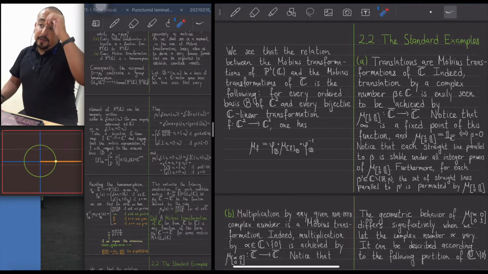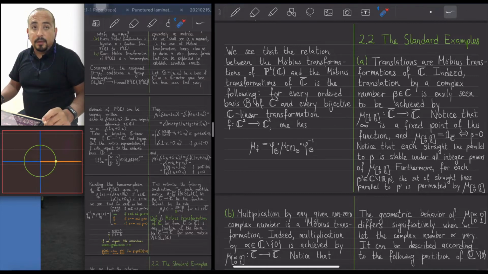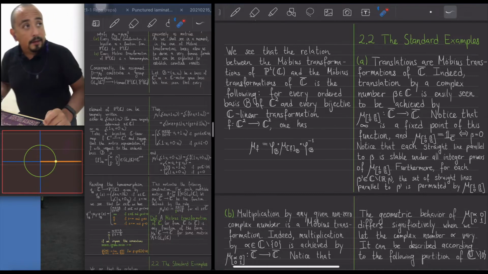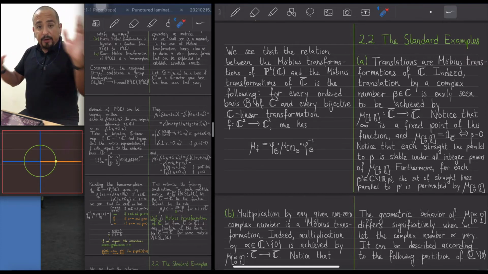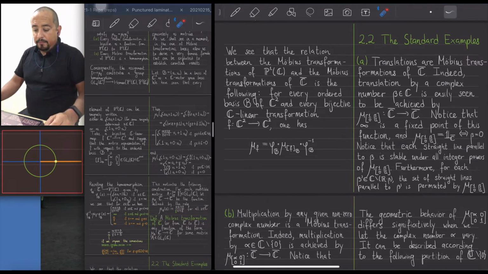This is some basic analysis, and there are some other families of curves. For instance, think about a concrete example: vertical translation by the complex number i, so the vector 0, 1.